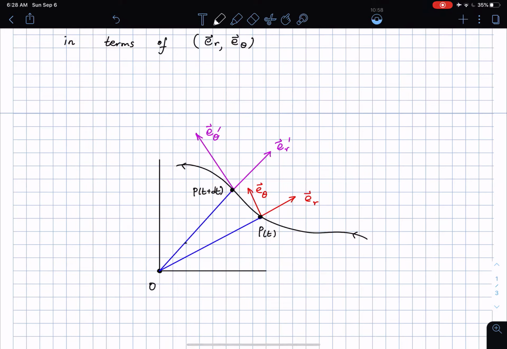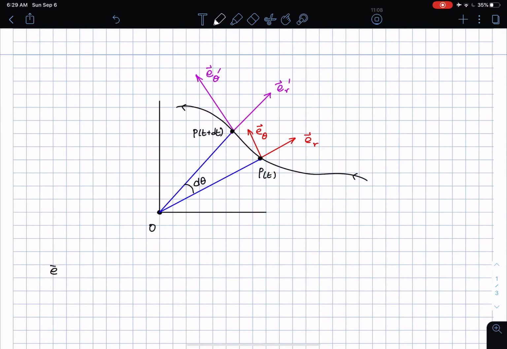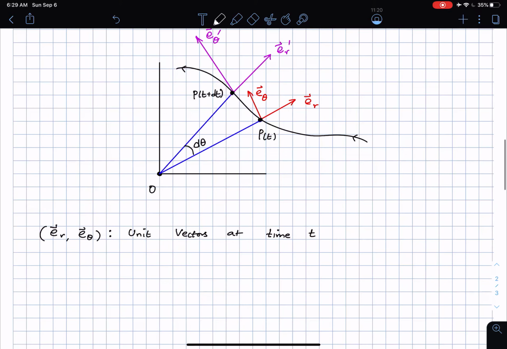Likewise this angle here is going to be the angle d theta. So let's write this down. E_r and E theta are unit vectors at time t, and then E_r prime and E theta prime are unit vectors at time t plus dt.